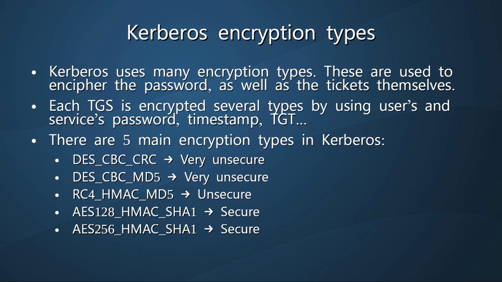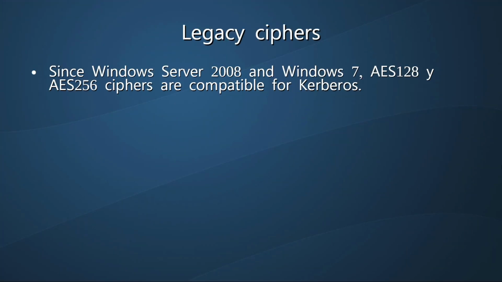RC4 encryption is more secure than DES encryption, but less secure than AES encryption. Therefore, Microsoft continues to implement hardening processes to prevent the use of RC4. AES128 and AES256 were introduced in Windows Server 2008 and Windows 7.